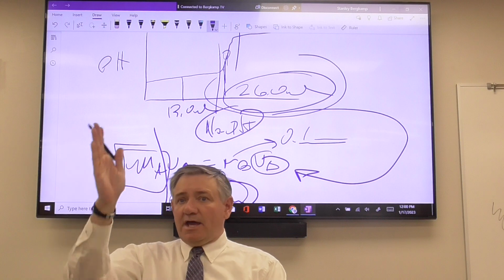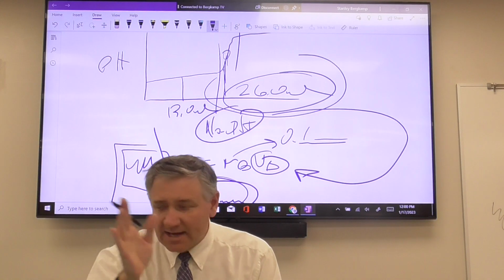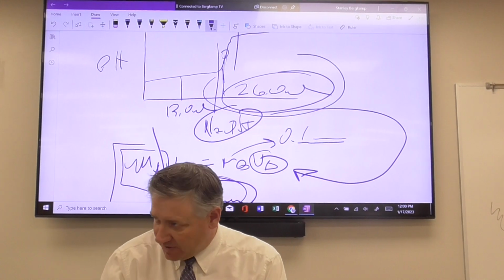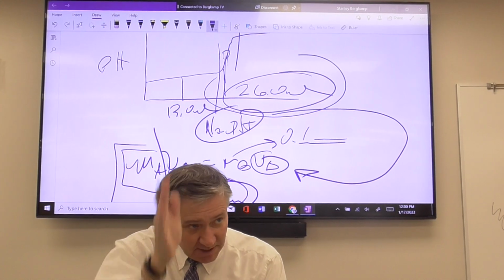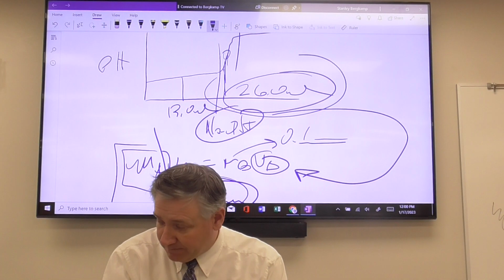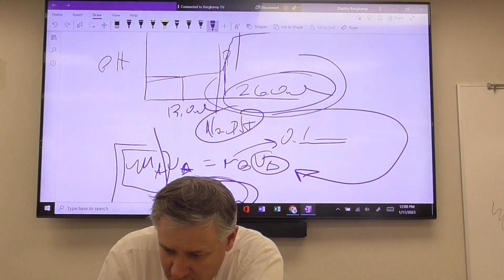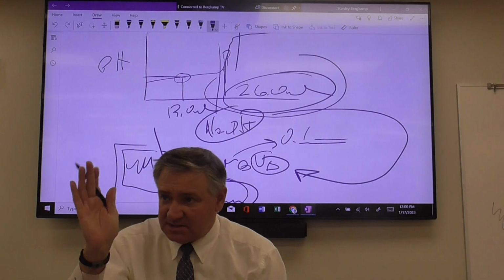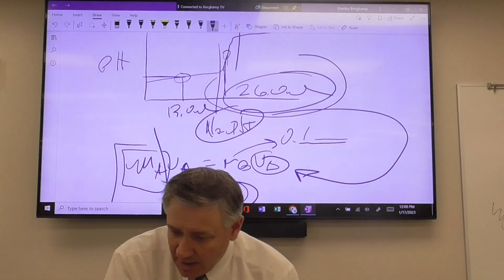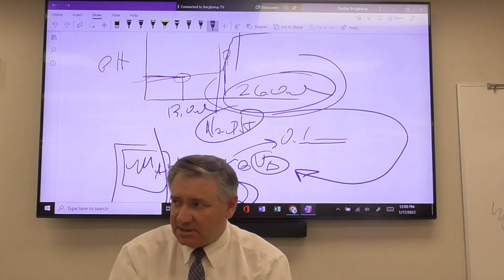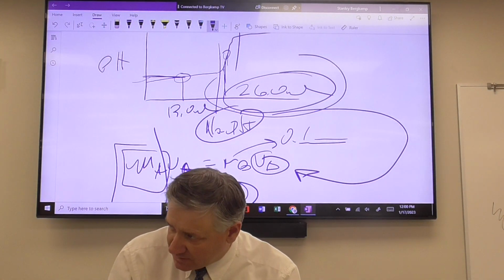So you're going to go to whatever half that is at the equivalence point. You're going to draw a line straight down with a ruler. Then you're going to come over and find where it crosses that pH curve, and figure out what the pH is at half the equivalence point.